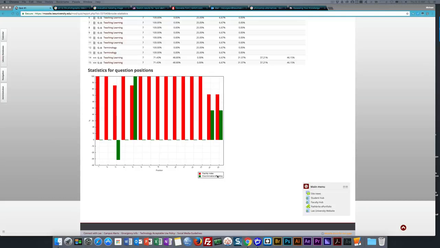30 to 50 is considered adequate discrimination. So very good and adequate, so it would be 30 and above. So we have one that's a 40. So these three are considered very good.